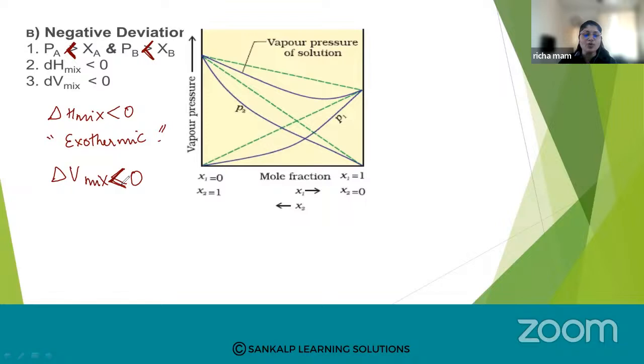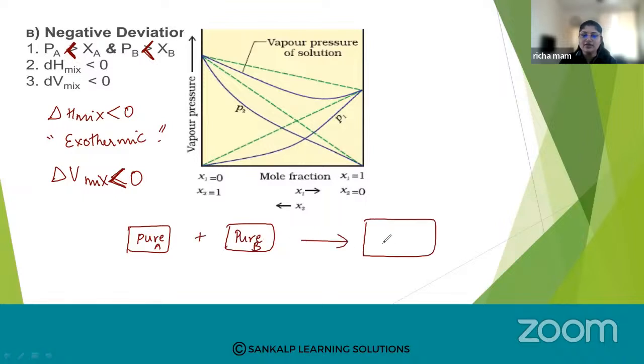So the volume of the solution is less than the volume of the individual components. What does that mean? Suppose I have pure component A and pure component B, and after we add them, we get the solution AB. You can consider one as solute and the other as solvent.